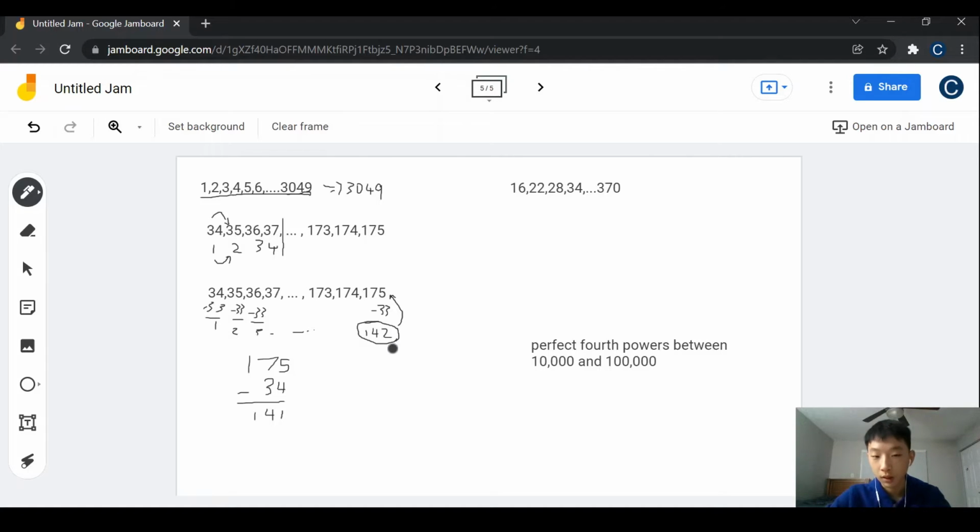So why does this occur? Well, subtraction calculates the number of steps between two numbers. So by doing this, we calculated the number of steps between these two numbers. So there's going to be 141 steps, right?